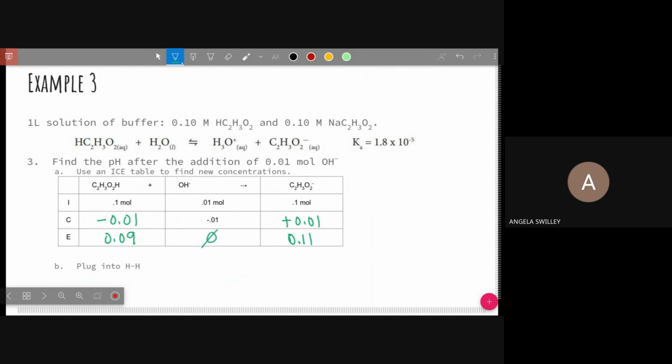And we have none of the hydroxide left over because it completely reacts with the acid that we have present. And so I just like to write over here what our concentrations are so I don't get them confused. And then our conjugate base.